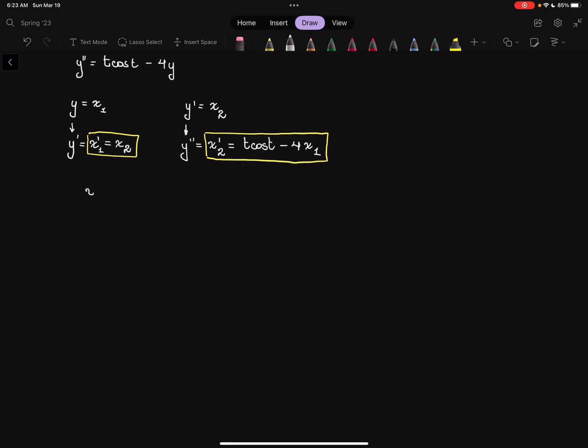Now I can say that x1 prime is equal to x2, and that x2 prime is equal to minus 4x1 plus t times the cosine of t.